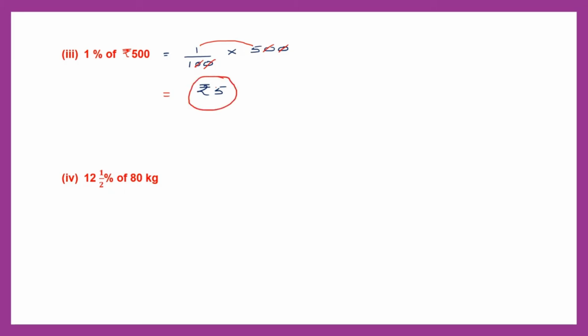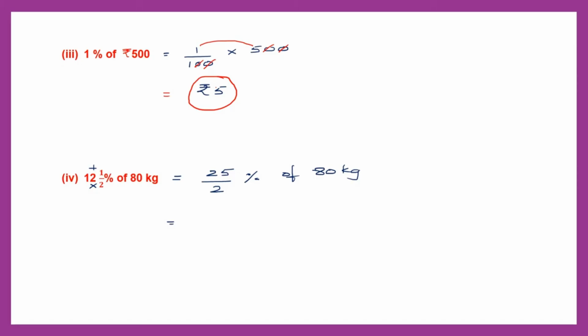Now the next one is 12 1 by 2% of 80 kilograms. What is 12.5% of 80 kilograms? So first step is, let's convert this to an improper fraction. 12 twos are 24 plus 1 is 25. So that is 25 by 2% of 80 kgs. Now here be careful because already you have a fraction 25 by 2. Now how do you write 25 by 2 by 100?